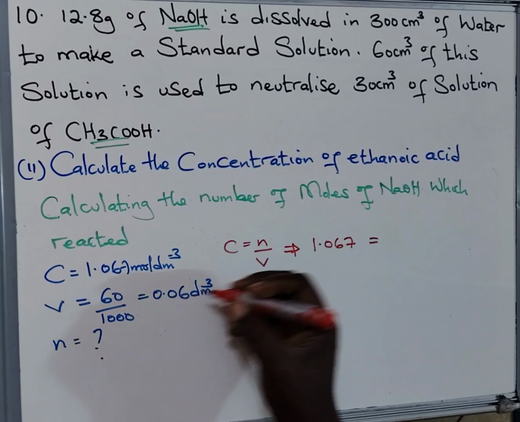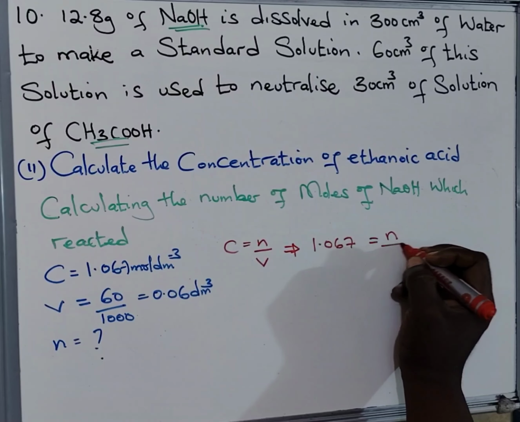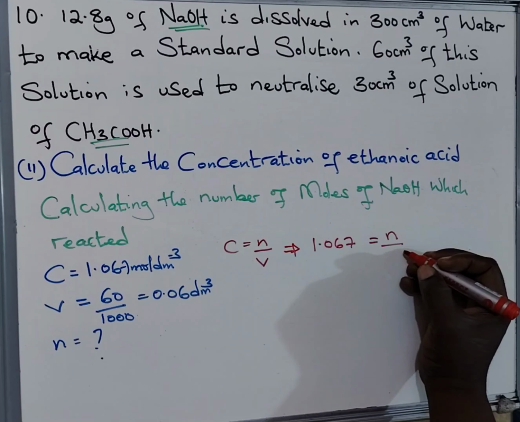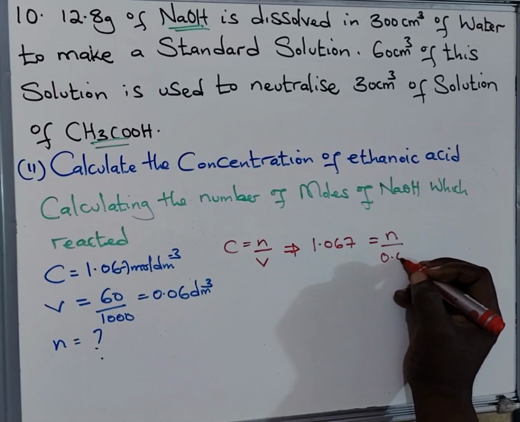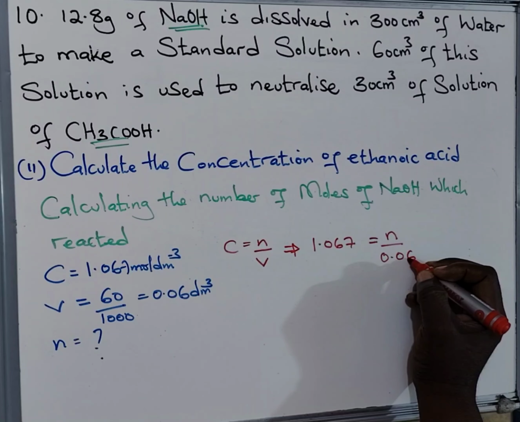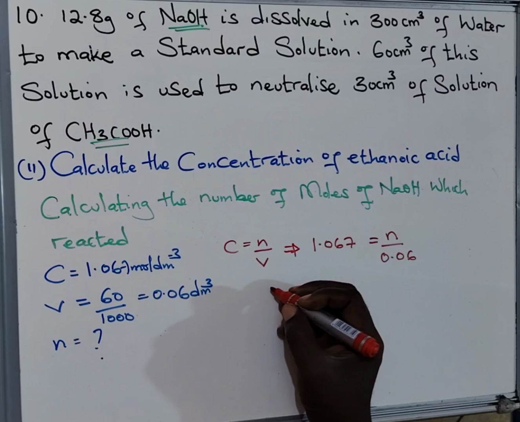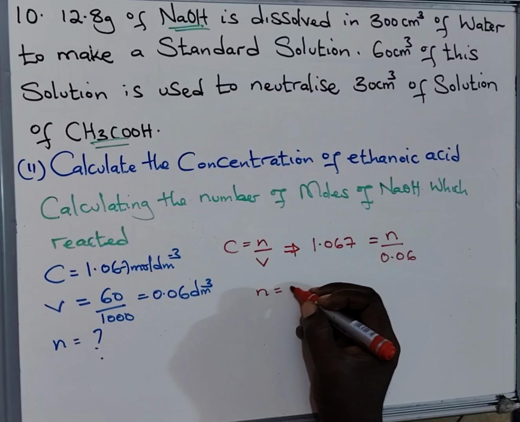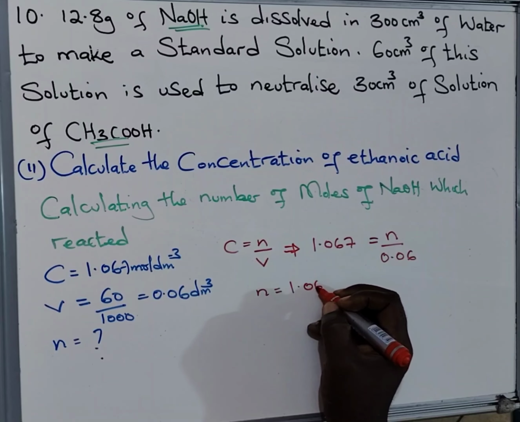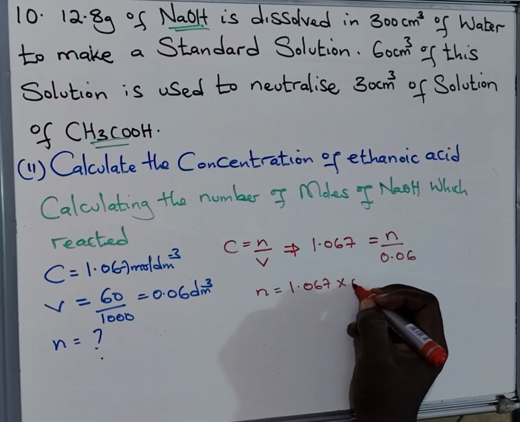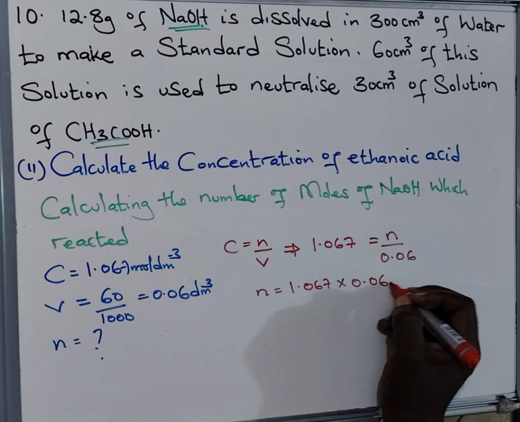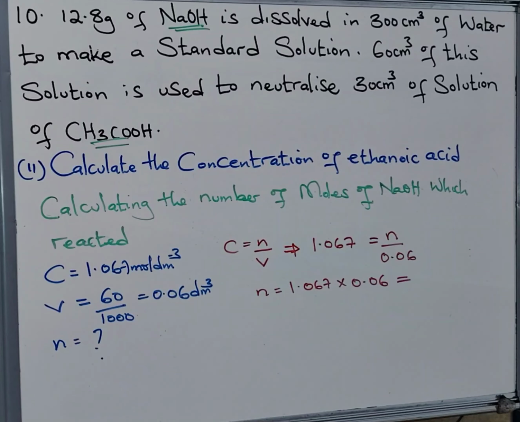Our N is wanted, but we know V. V is 0.06. What do we get here? We are going to have N equals 1.067 times 0.06. That one will give you the number of moles of sodium hydroxide which reacted.